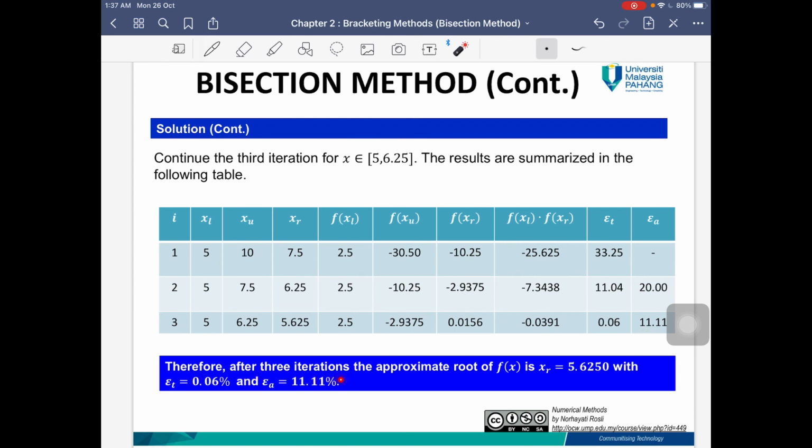Therefore, after 3 iterations, the approximate root of f(x) is x_r equal to 5.6250, with a true percent relative error equal to 0.06% and an approximate percent relative error equal to 11.11%. Next I will show you a step-by-step solution by choosing another example for the bisection method.